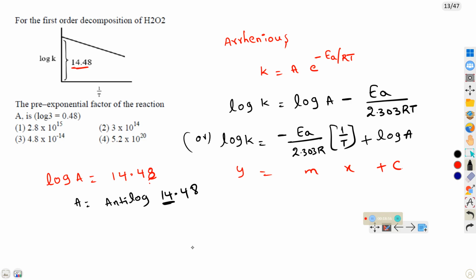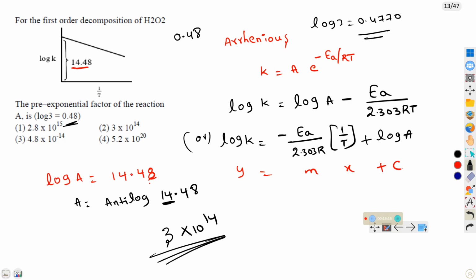The number before the decimal is 14, so 10 power 14, and the remaining number is 0.48. The log 3 value is 0.4770 originally, but here take it as 0.48. That's the reason A is 3 into 10 power 14. Second option correct.